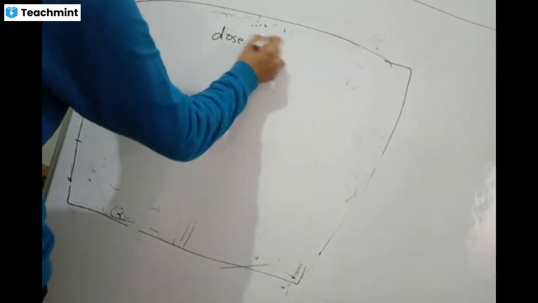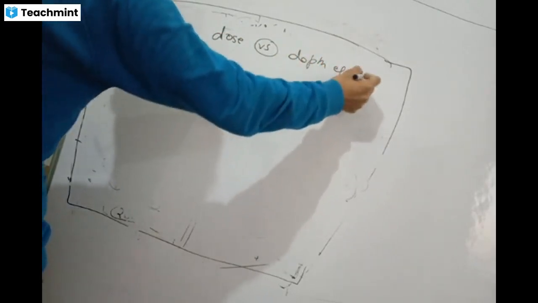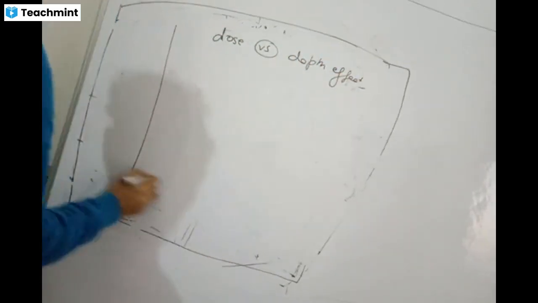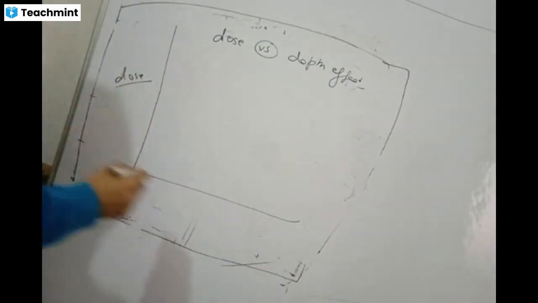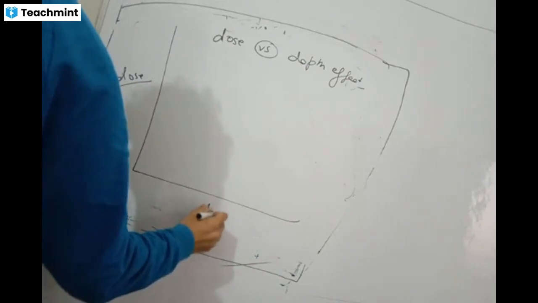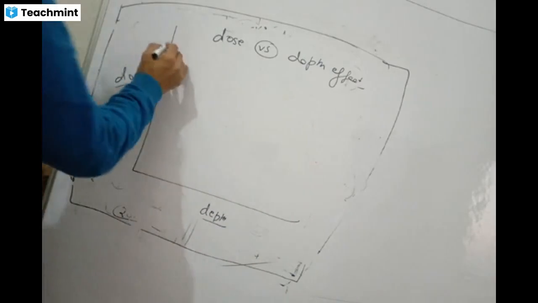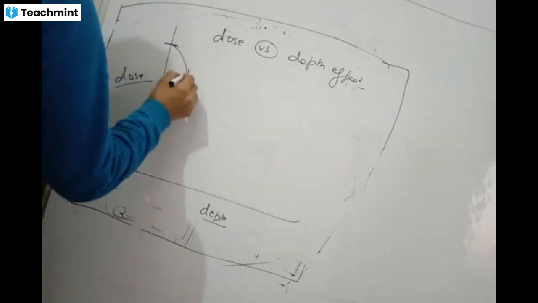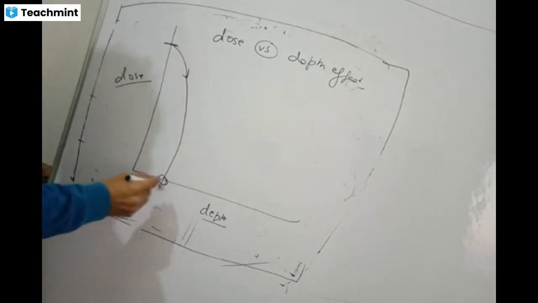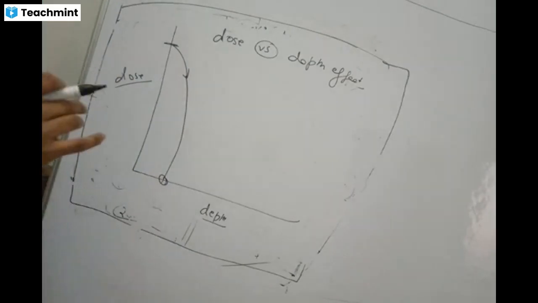Next is dose versus depth effect. This side is dose and this side is depth. First is electron beam. This is the highest dose. Electron beam, if you are using, deposits its energy at this depth.